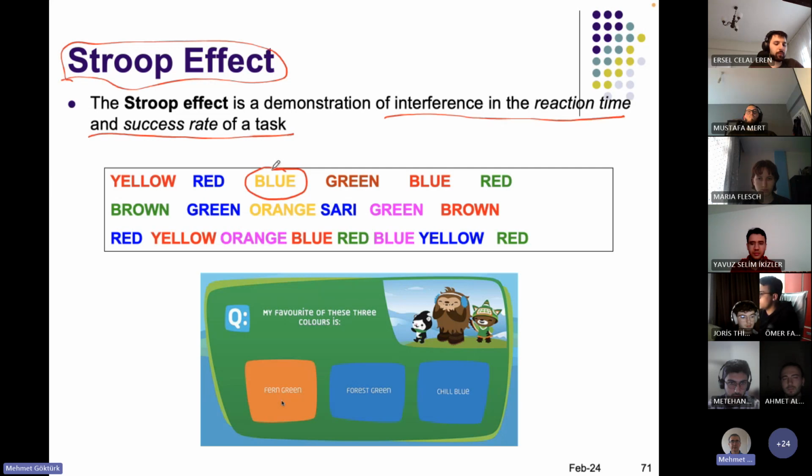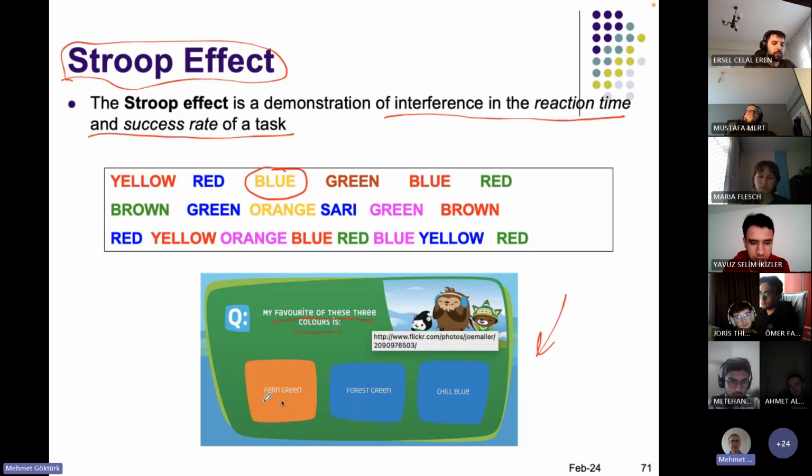This difficulty is called the Stroop effect. It creates problems in examples like the following. My favorite of these three colors is fern green, forest green, chill blue.